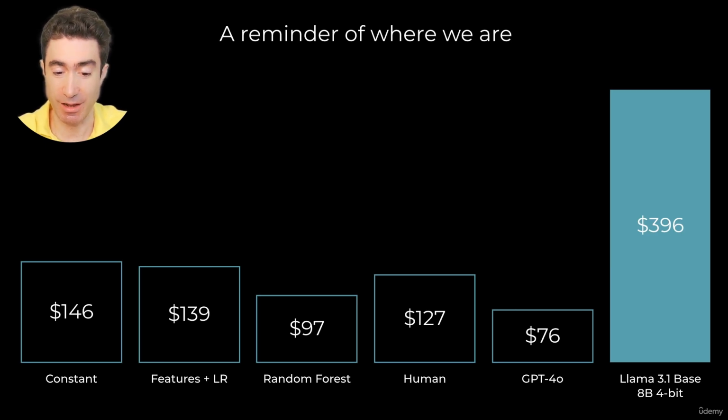The thing that you need to be looking out for is, can we do better than traditional machine learning? Can we do better than a human? Certainly, can we do better than constant? And how do we stack up when we compare ourselves to GPT-4o, the leading frontier model? And we can also compare it to GPT-4o mini as well afterwards. So that gives you the context.